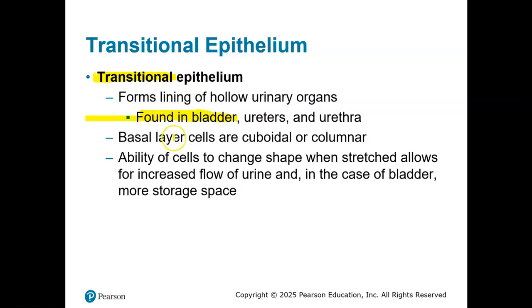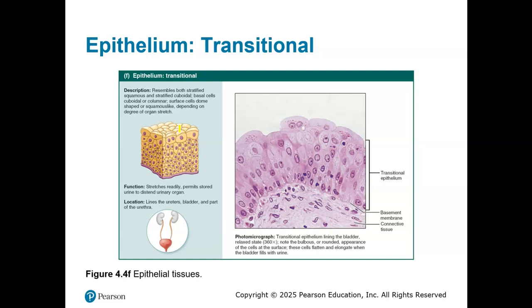But actually there are fewer layers of cells whenever the bladder is full. And then when the bladder is empty, you actually have more layers of cells and they are taller. Okay, so the appearance of transitional epithelium changes based on if the tissue is stretched or not. And we find transitional lining the urinary bladder.